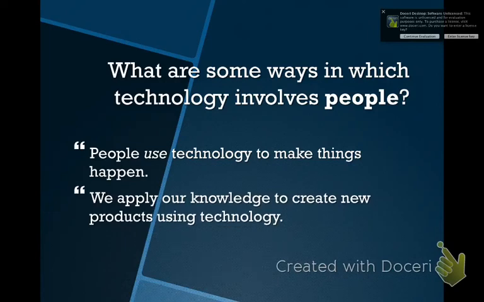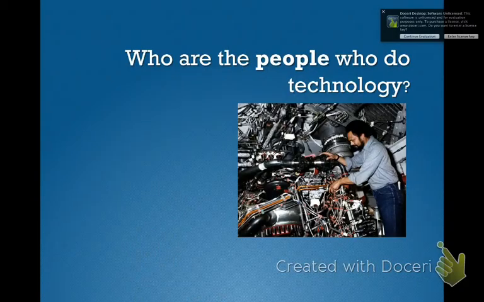We also take our knowledge and understanding of the world around us and create new products. You look at the new phones coming out all the time. All we're doing is taking the knowledge we've been learning and putting it to a new product. So people are involved everywhere.